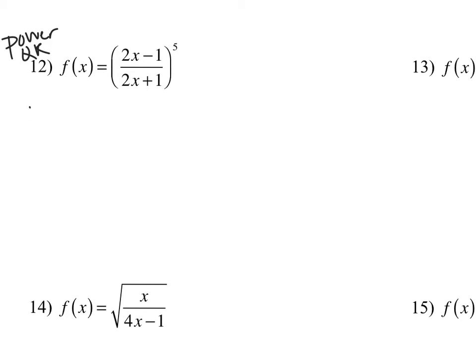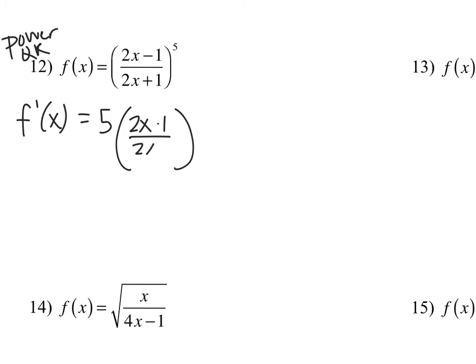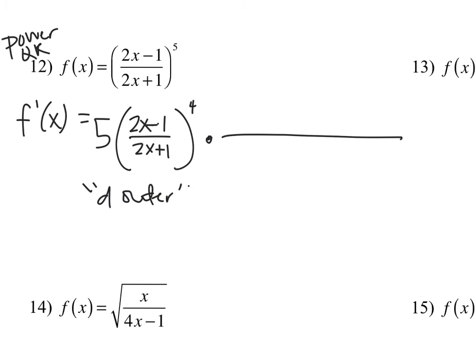So our d outer is going to be 5 parentheses 2x minus 1 over 2x plus 1 to the 4th. There's our big power rule that's going on, and that's the d outer. And now when we go to do d stuff, we have to do a quotient rule.